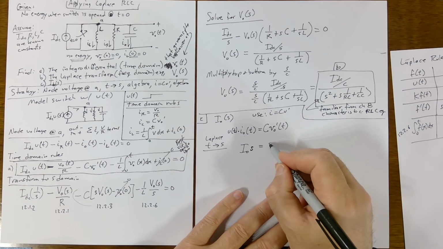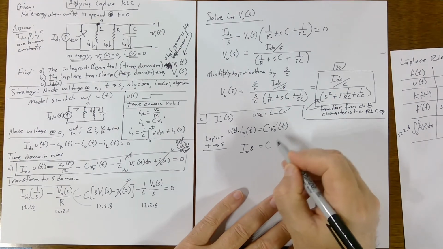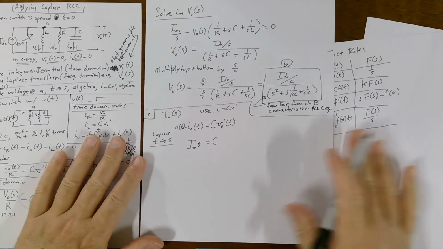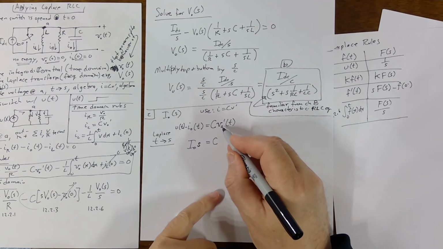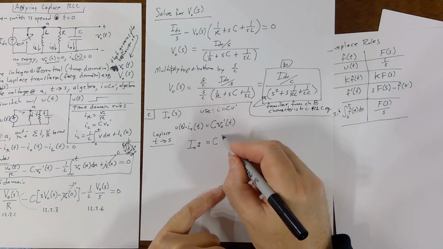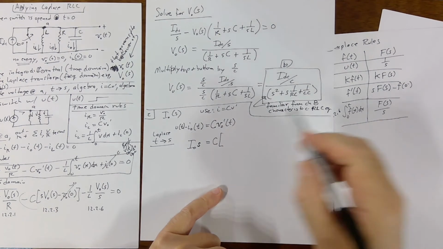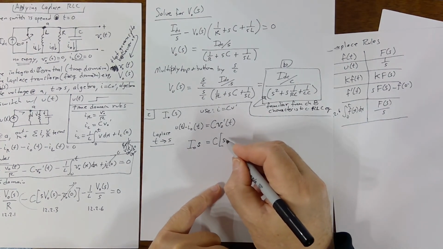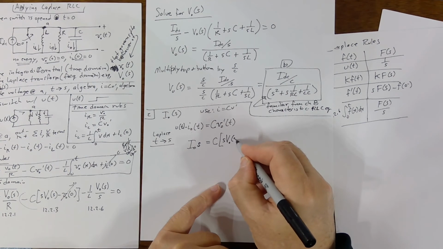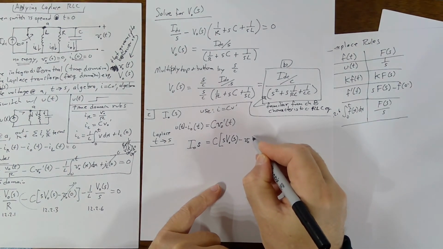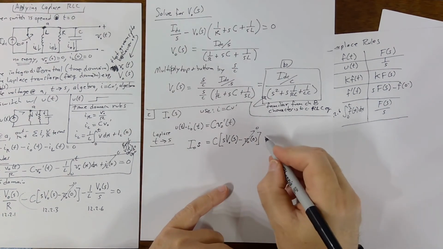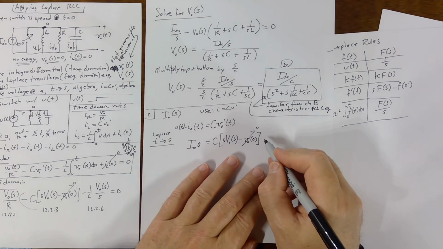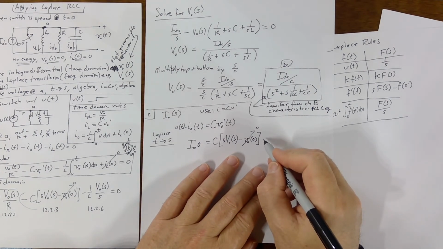And then the C is just a constant, and then we can apply this rule right here, but for little v. So it's going to be this v0 prime of t. We're just going to apply this transform right here. So it's little s, big V0 of s minus little v0 at 0. Once again, this is 0 because of the zero energy thing. Am I all right on this? Yeah, that's it.